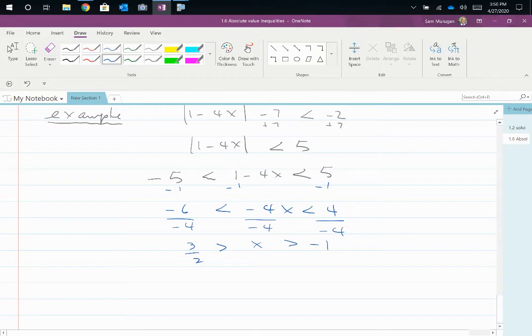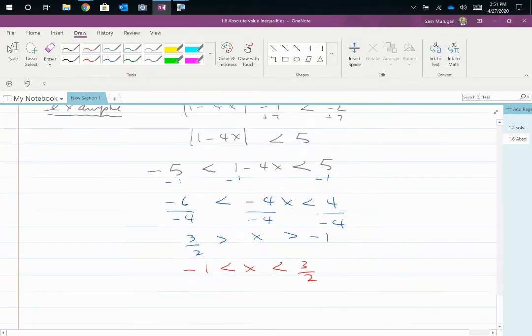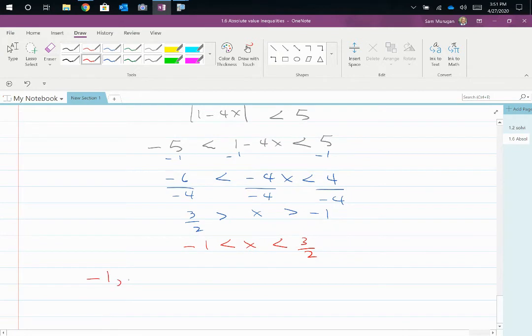What's happening here is that the larger number is at the front and the smaller number is at the back. So we want to rewrite this inequality with less than by putting -1 is less than x is less than 3/2. This shows that x is a number between -1 and +3/2.